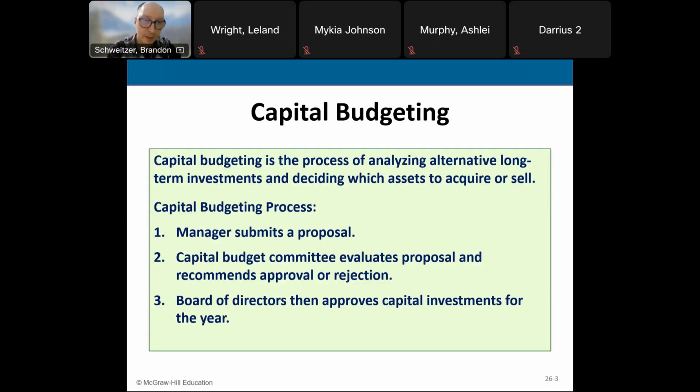Second step gets approved or rejected by the committee, by the decision makers, and then of course if it gets approved, it goes on further for a second approval by the board of directors. So that's really the 3-step process for capital budgeting.